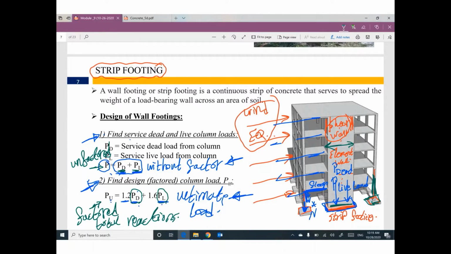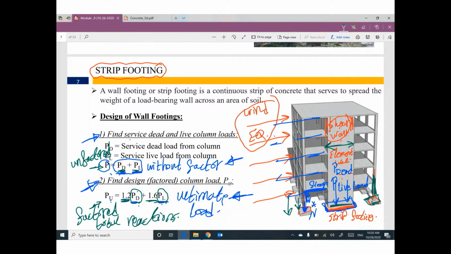During our semester, the problem gives you the dead load and the live load, so you can do the combination. I will show you how the software can tell you the dead load value and the live load value. Also, the software can do the combination with these factors, 1.2 and 1.6.